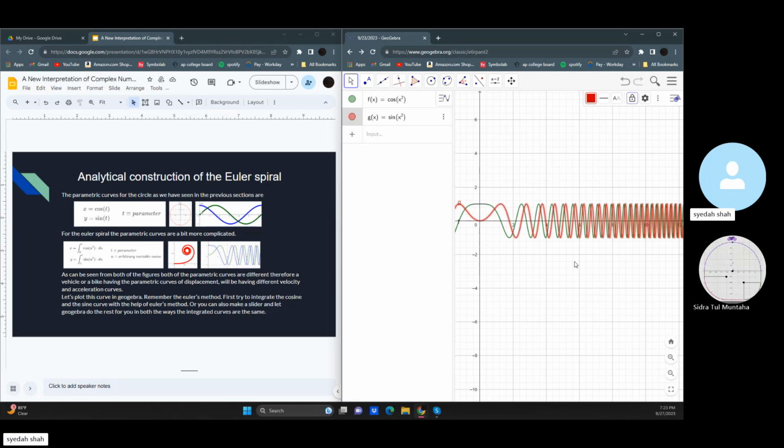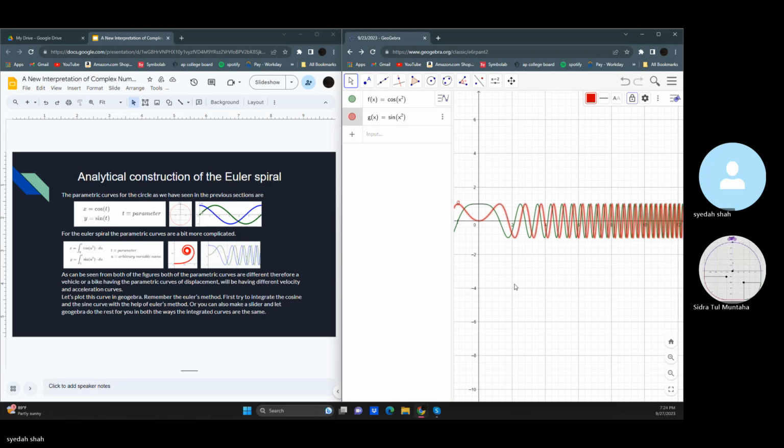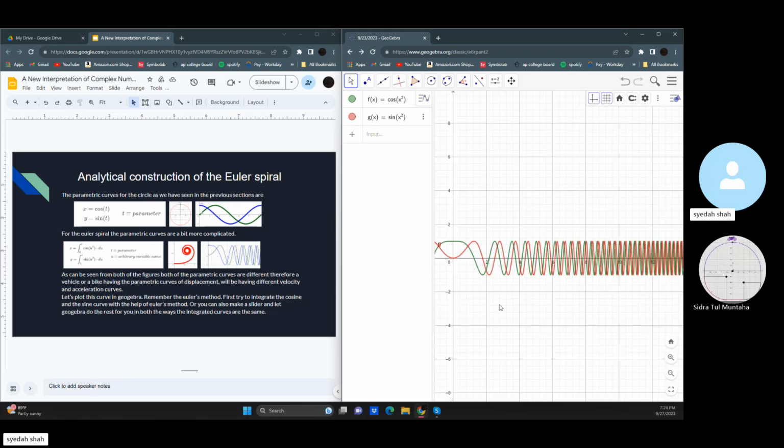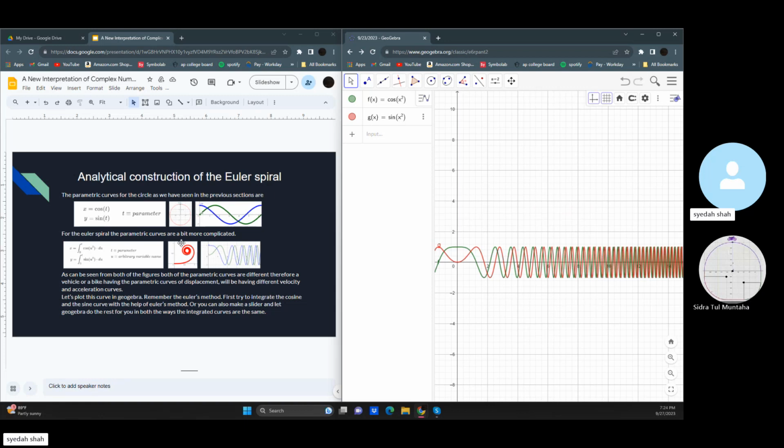So it would give sort of a looping sense. Yes, the cosine would be like this. And so I think that's why it becomes a very big curve, and then it goes smaller and smaller and smaller.